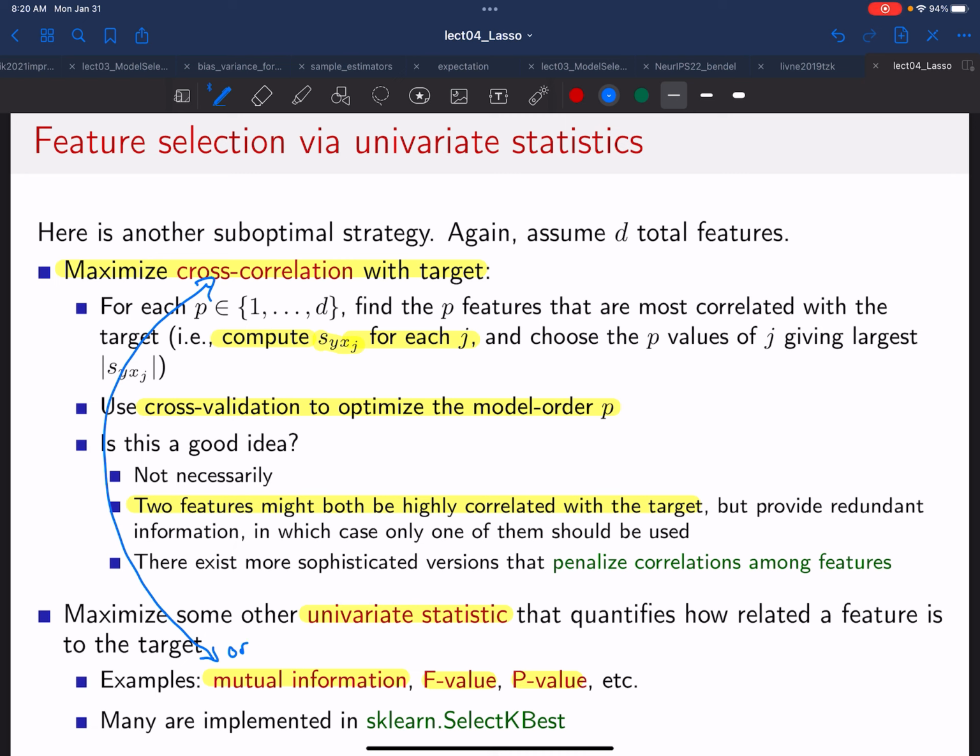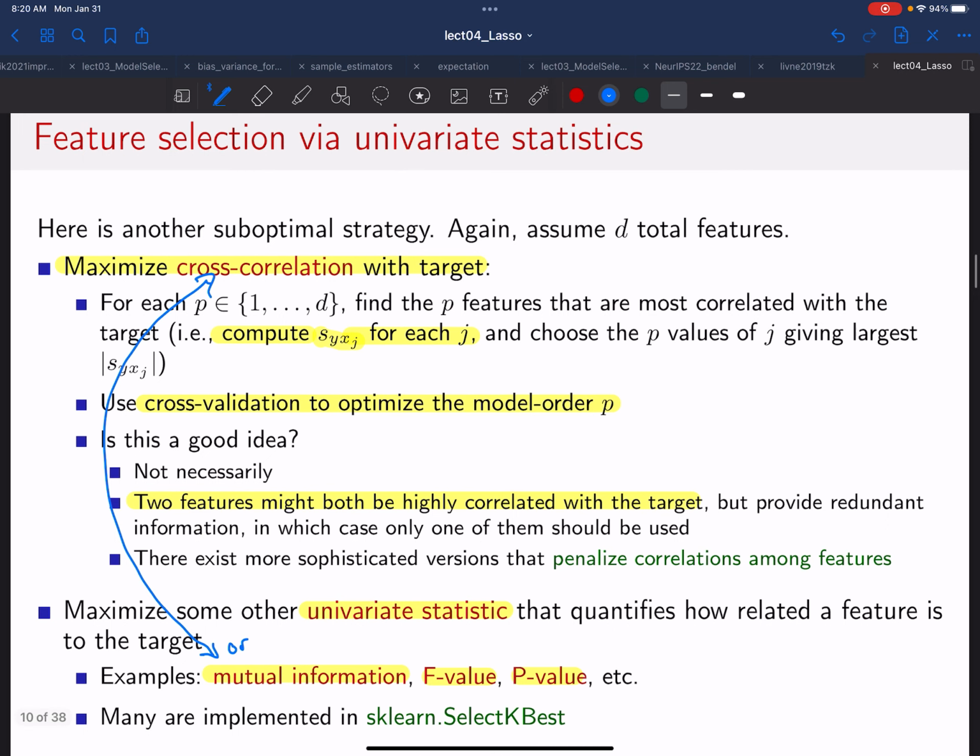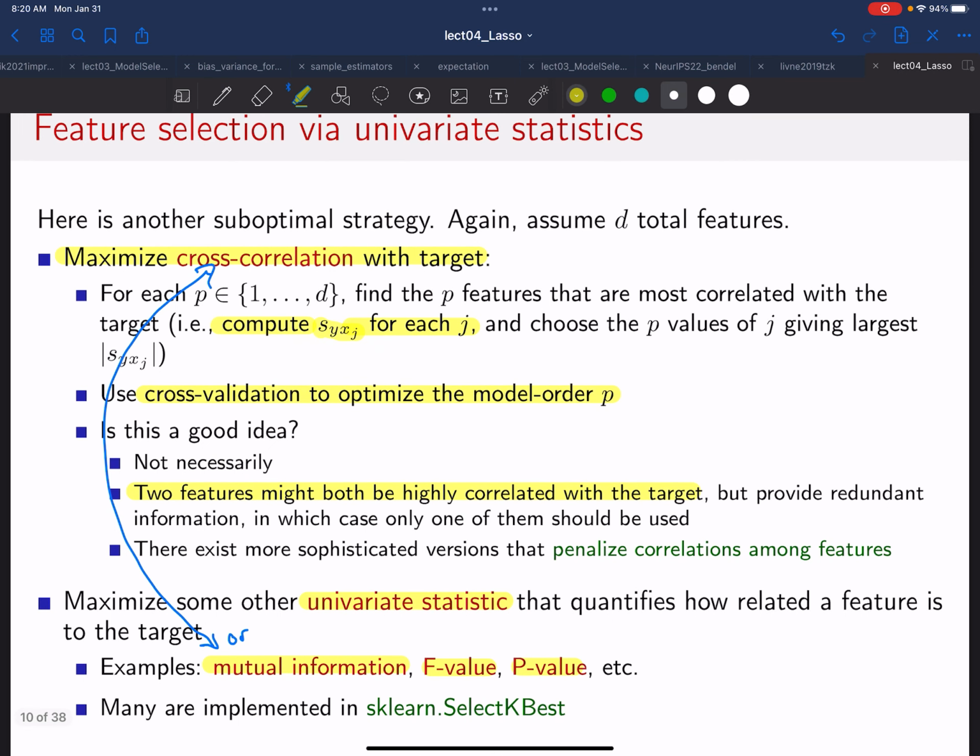So the technique is the same, it's just you're using something besides cross-correlation. And these are all implemented in this command SelectKBest, and you just tell sklearn which metric you want to use. And it's, again, pretty straightforward to use. If you don't know what mutual information or the other things are, don't worry. The point is you just try to come up with some statistic that measures something like correlation, and then use that. And none of them work super well.